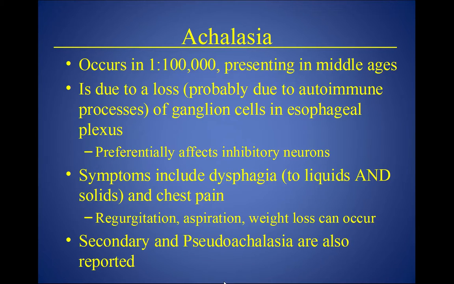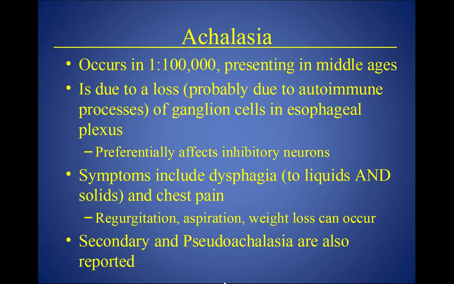Achalasia is the classic motility disease. It occurs in 1 in 100,000 people, presenting in the middle age group, 30, 40, 50, 60-year-olds. It's due to a probably autoimmune loss of ganglion cells, and it preferentially affects the inhibitory neurons.